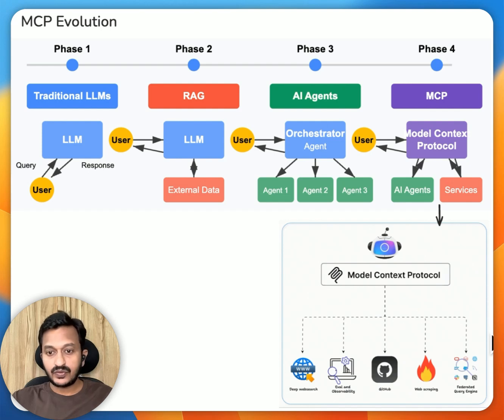So that's why everyone is talking about MCP these days, because of all the good reasons. And let's see in the next part of this video a simple demo of how we can access proper real-time information using Bright Data MCP.